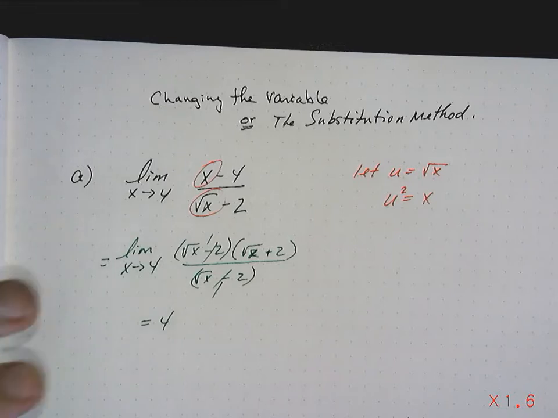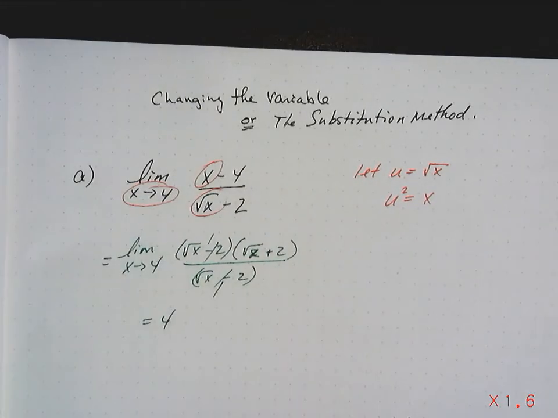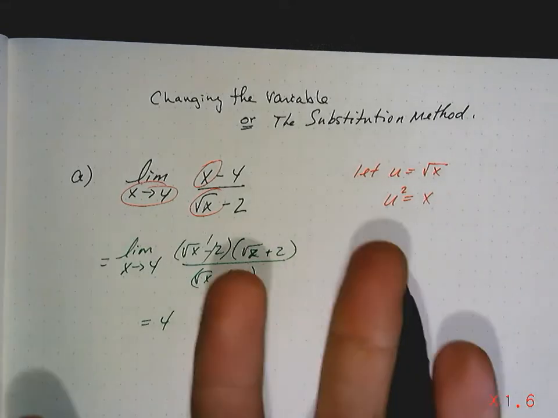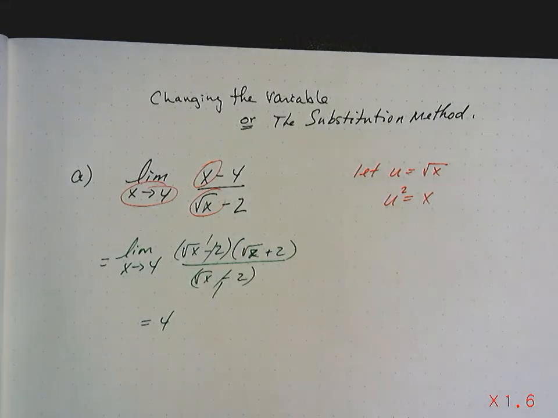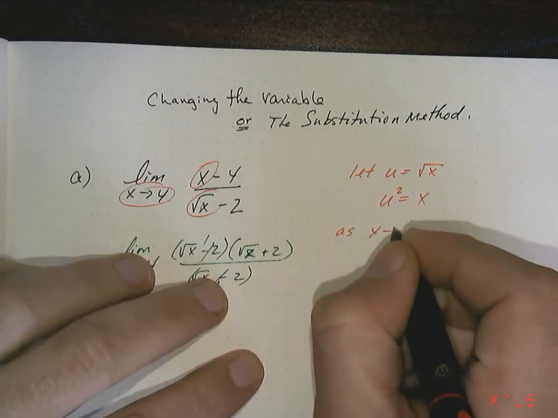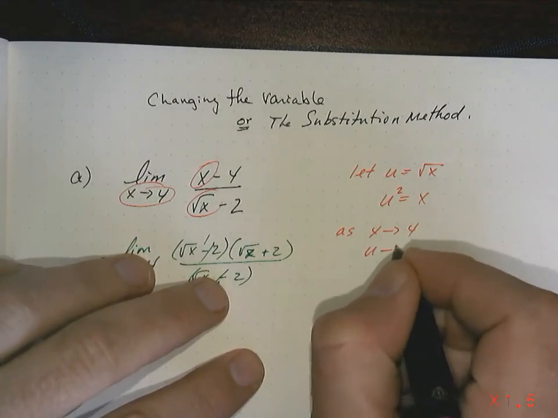Wait. I'm going to have x approaching 4, and I'm going to have u's. That's not good, right? I don't want x approaching 4 when I have u's. So I need to know, as x approaches 4, what is u doing?